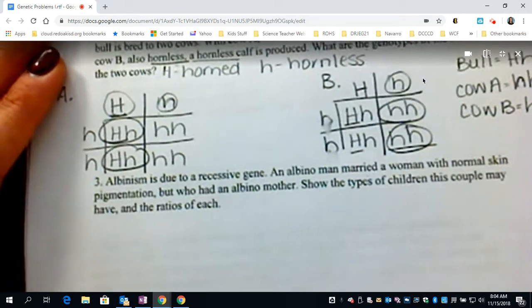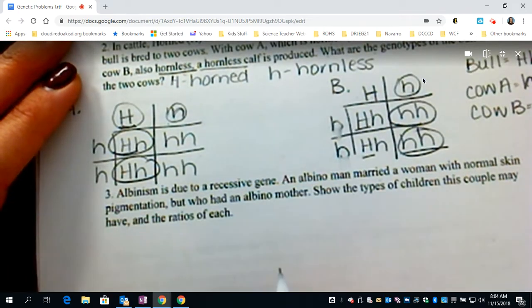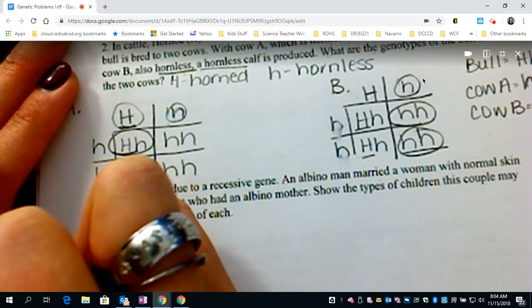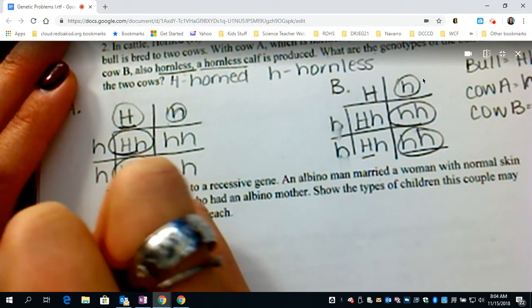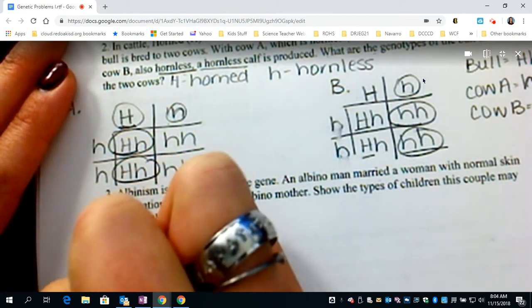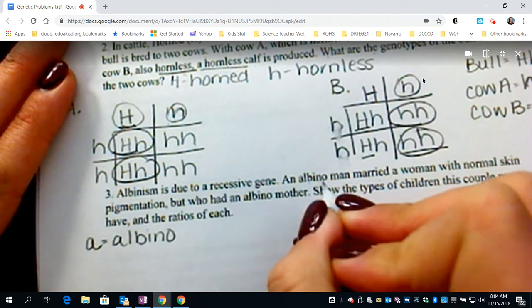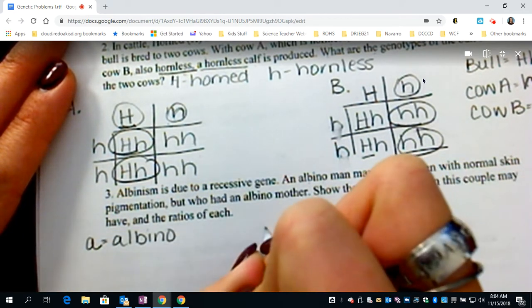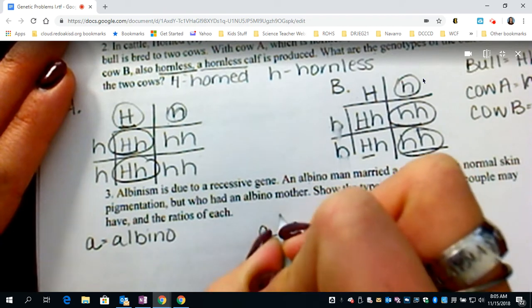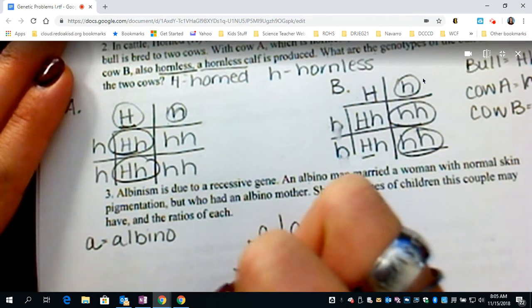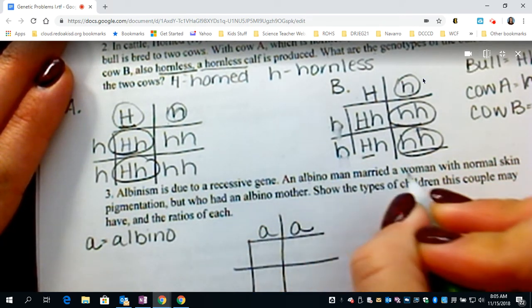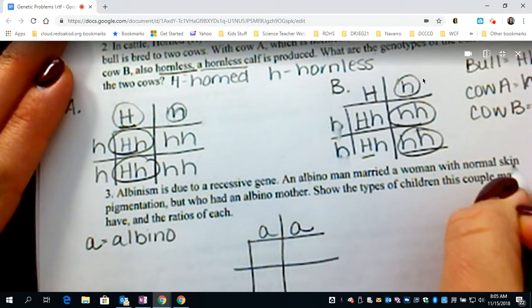Okay, on question 3, it says that albinism is due to a recessive gene. So the only way you could be albino is if you have lowercase. An albino man, so the only way he could be albino is to have two little a's, married a woman with normal skin.